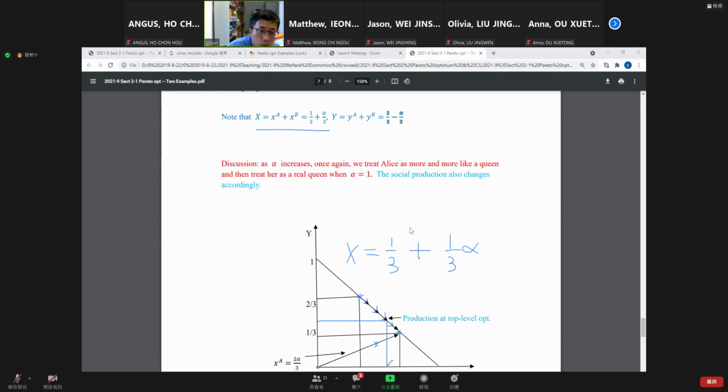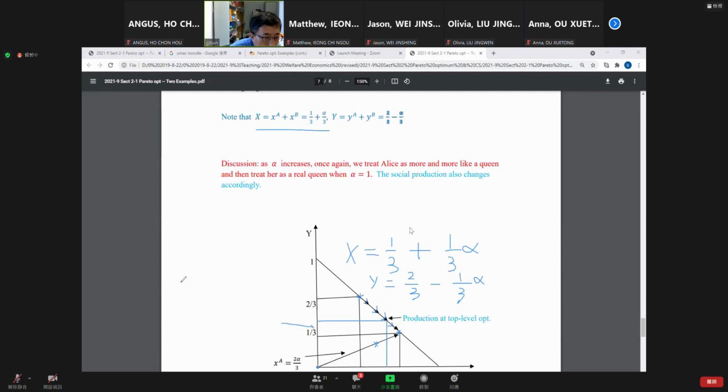For some alpha, we decide to produce this much X, and at the same time, this much for Y. Suppose for some value of alpha, we are here. So we produce this much X, and this much for Y. So this is the Edgeworth box, right?